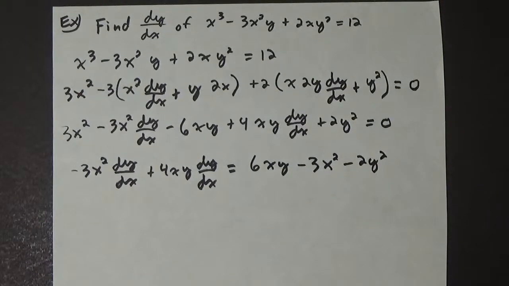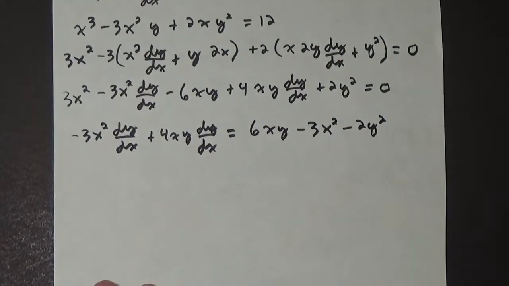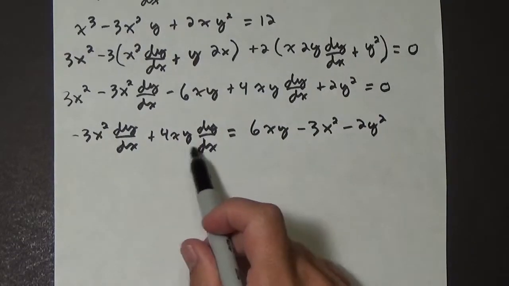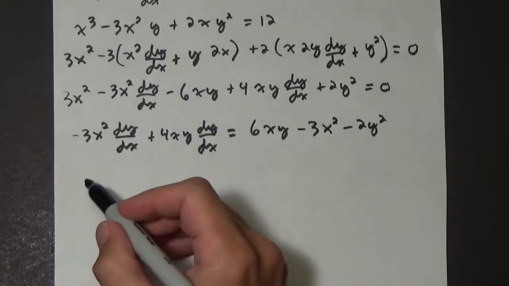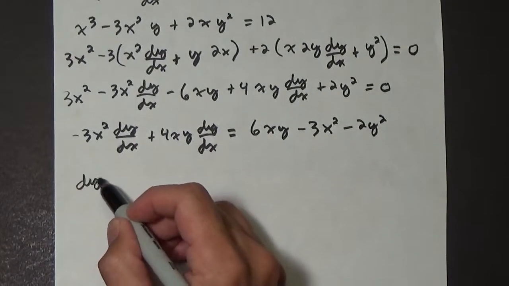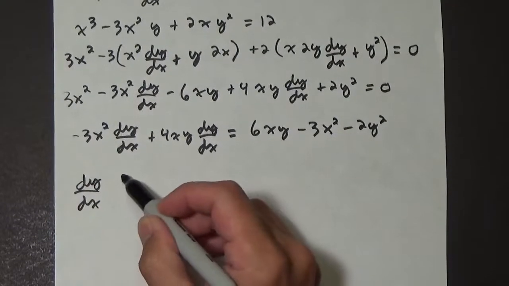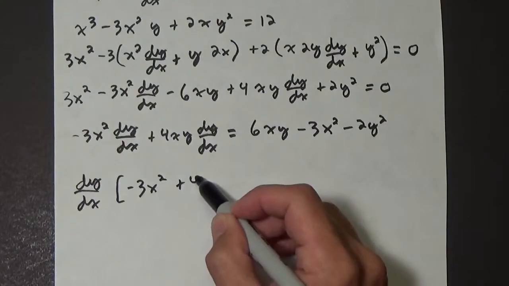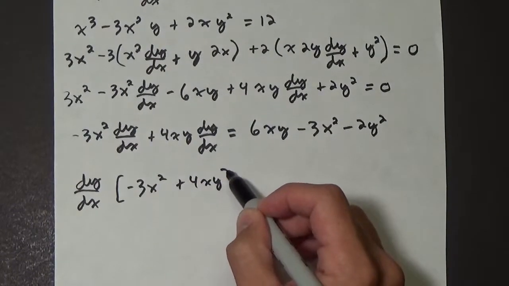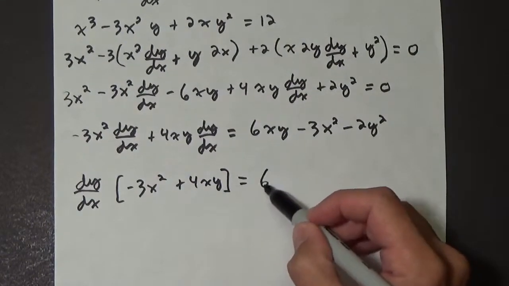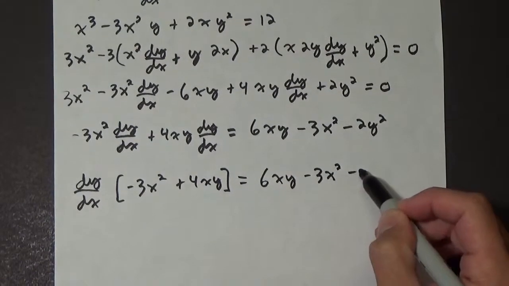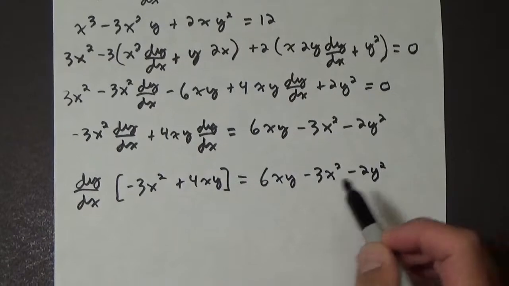So I think I got everything in there. Okay, the next step is we're going to factor out a dy/dx. So we have dy/dx times negative 3x squared plus 4xy. And then that's going to equal 6xy minus 3x squared minus 2y squared.